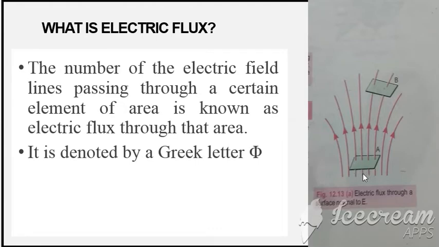Also note that both areas are held perpendicular to the direction of electric field lines. So the electric field intensity at B is 2 Newton per coulomb, whereas at A it is 4 Newton per coulomb. So we can say that the electric field is more intense at A than at B.